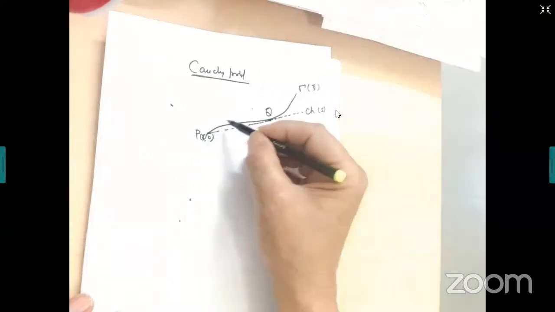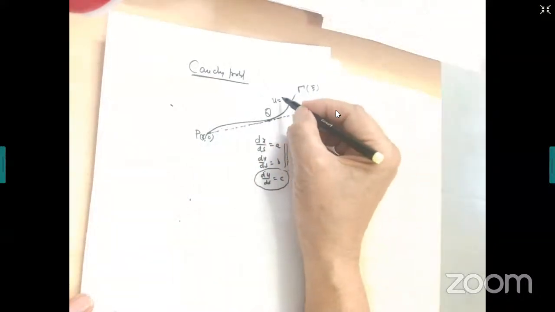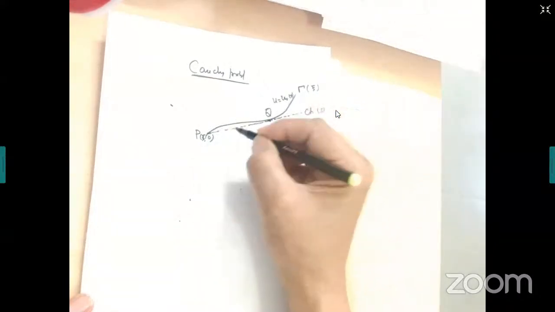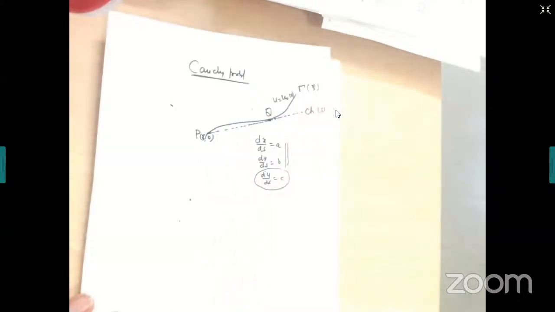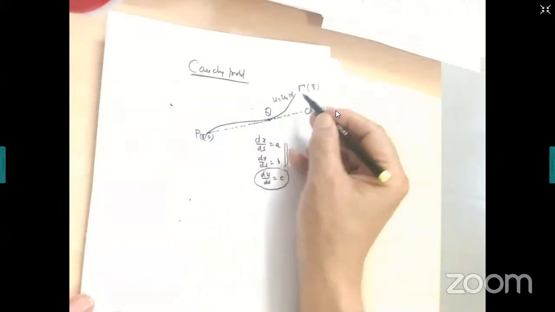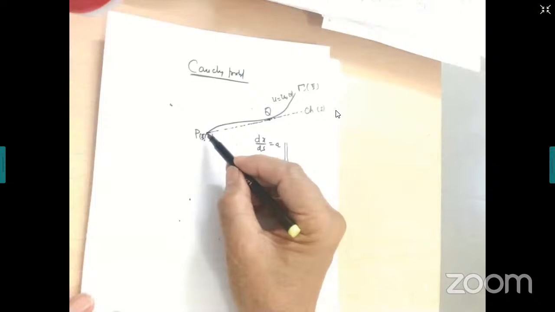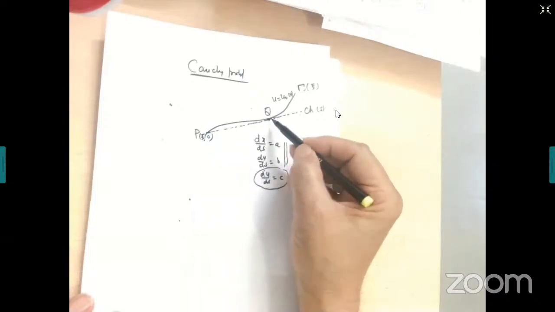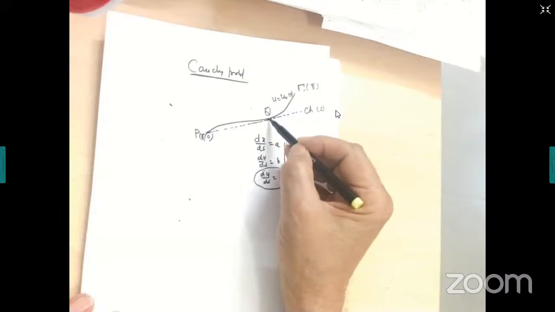Along this curve, u is equal to u naught of x. I mean, this is assigned. The values of u are assigned along this curve gamma. Now, if the characteristic issuing from this point touches this at some point, what does it mean?